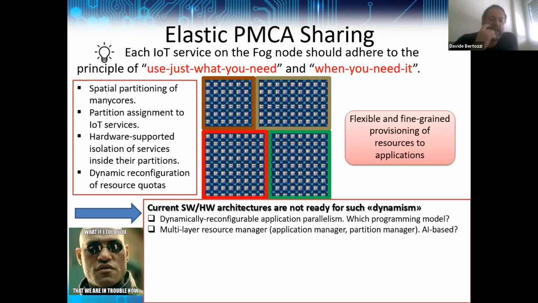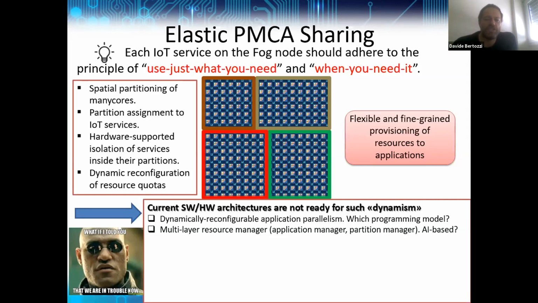Moreover, you need a hierarchical resource management framework. You need the top-level resource manager that has visibility of application metrics, of application quality of execution, and a lower-level manager that takes care of partitioning, that, for instance, determines the next partitioning pattern for the new epoch.